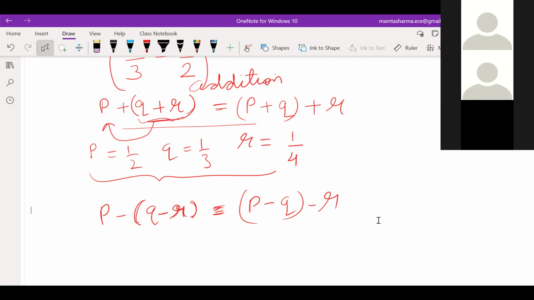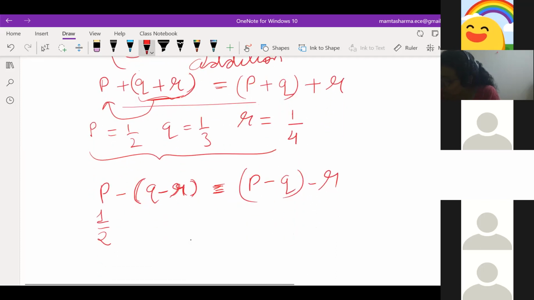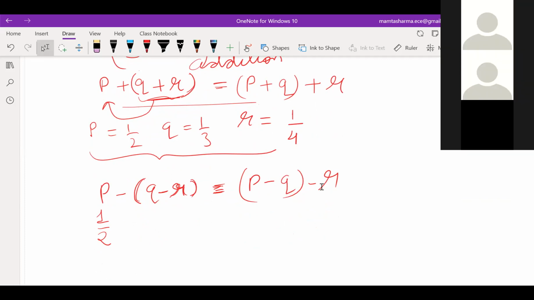Harshita, yes, tell me. Yes, ma'am. I did it with 1/7 minus 3/7 in brackets and minus 5/7 without brackets. So what are you getting on the right hand side? Yes, ma'am. That is equal to -1.